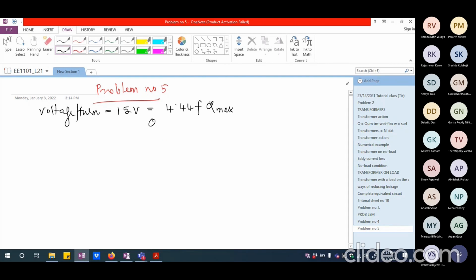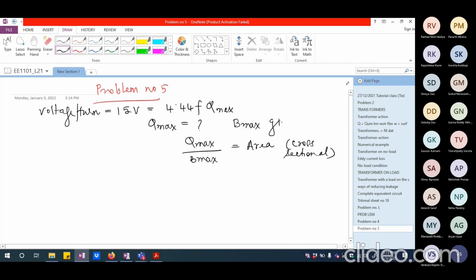From which you should be able to get definitely what is phi max. And if you are given B max, I can say phi max divided by B max is the area, cross-sectional area of the core. Okay? B max is given, so you should be able to calculate this without any difficulty.